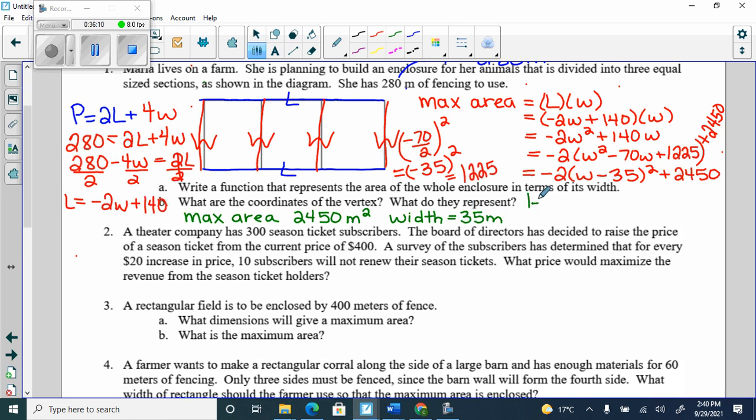And I have a length equal to 2,450 meters squared divided by 35 meters. I'm left with 70. Yeah, length equals 70.